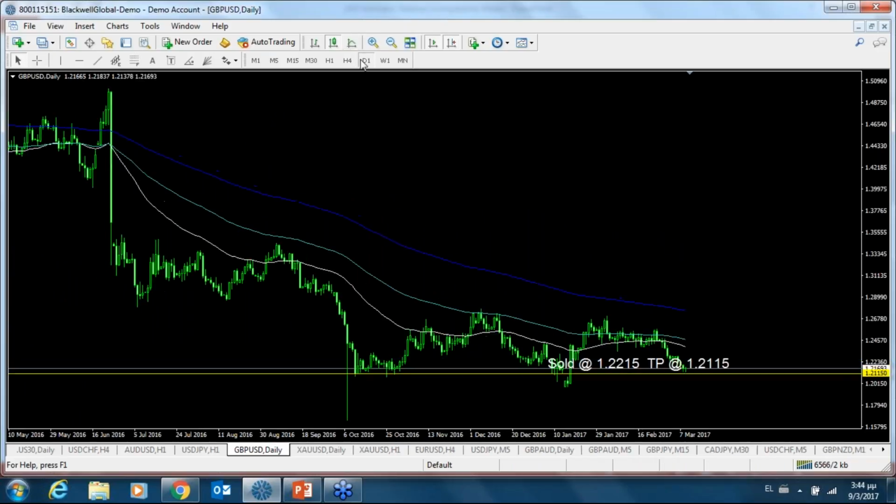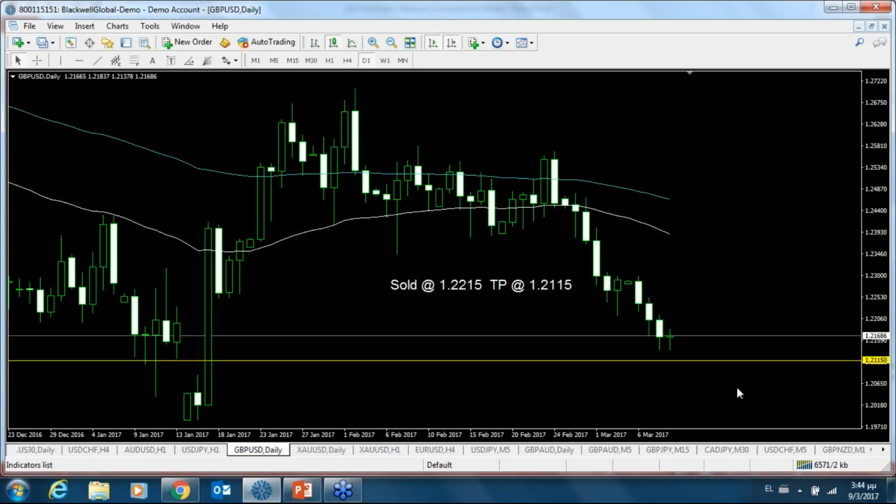As we go into the daily chart, we can see that the momentum is still continuing to the downside, and you can see that you've got the least participation by buyers. You don't see much of the bullish candle, but stronger and bigger, long bearish type candles giving you a hint to the downside.